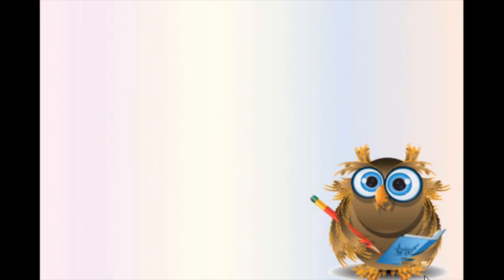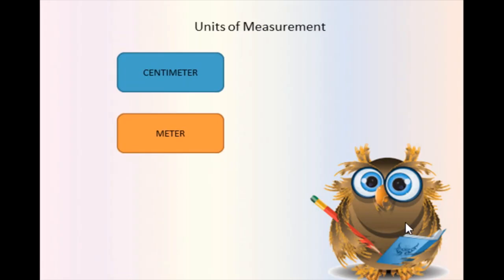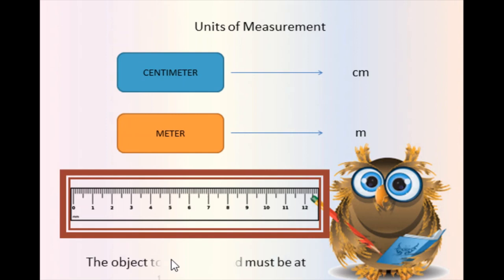Alright, now it's time to move on to another topic, which is just related to the previous one. Today's video, you are going to learn more about the units of measurement, like centimeter is cm, meter is m.